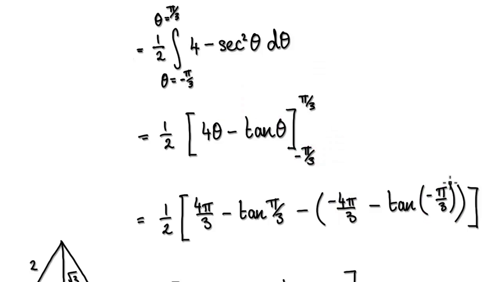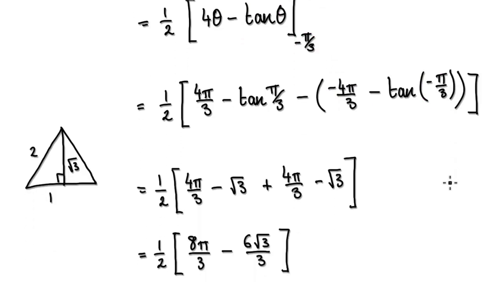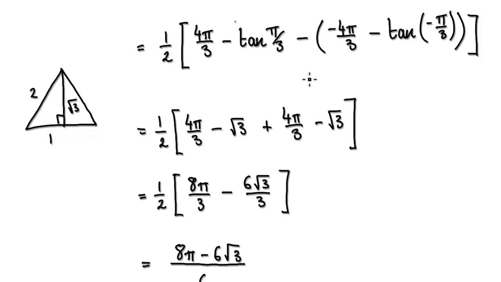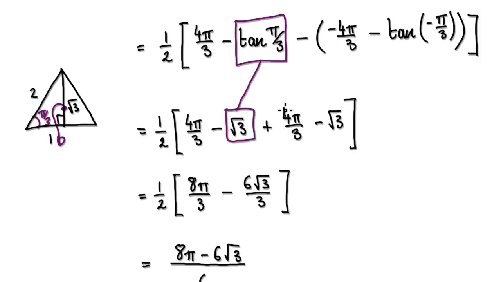Now it's a matter of tidying this up. So this block here, tan 60 degrees. If you look at this, this is 60 degrees, this is pi over 3. So tan is root 3 over 1. This block here is basically root 3 over 1, which is root 3.